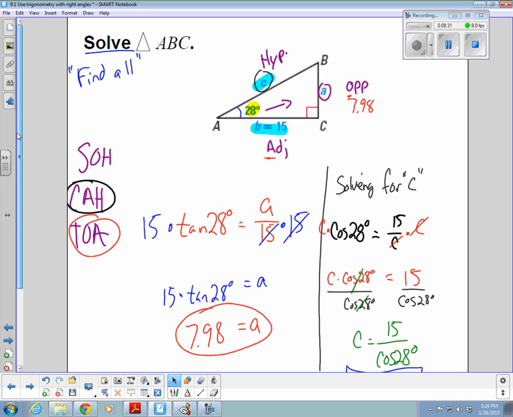So angle B. That was the only thing we have left. That's right here. All right, let me go back in black. So how am I going to figure that out? Well, you don't even need any crazy trick here. Look at what it's going to add up to. This is a 90-degree angle. That's a 28-degree angle. And what's the total measure of the angles of a triangle? Yes, 180. Good.